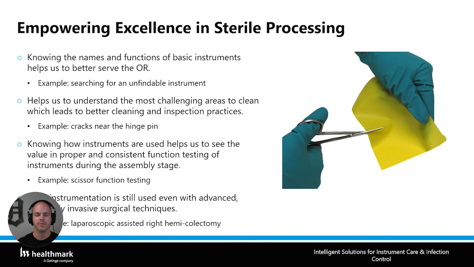So we might need to be able to either know to put that stuff on the case cart, or maybe they thought they were going to be able to do it laparoscopic or with a robot but now they have to call you or yell out into the sterile core, hey, we need some basic instruments, and then you have to go and find them and get those for them.